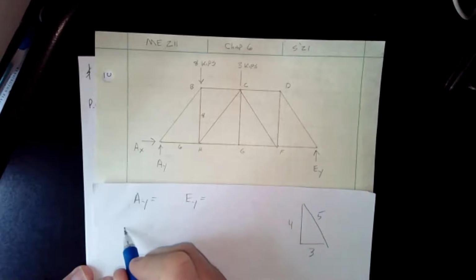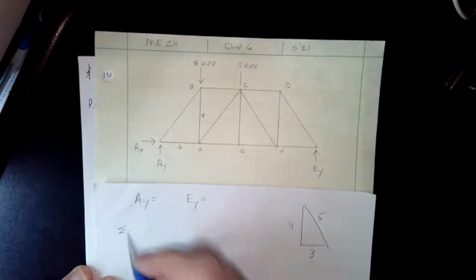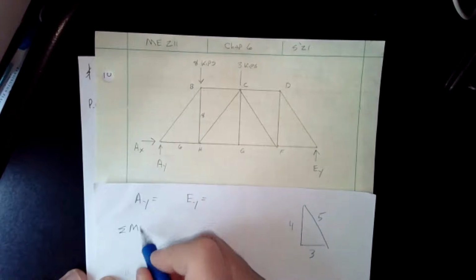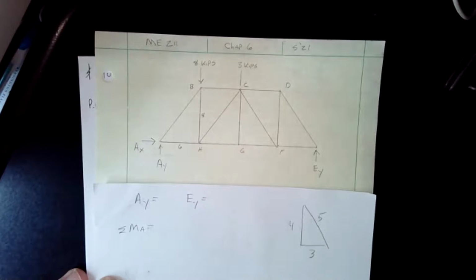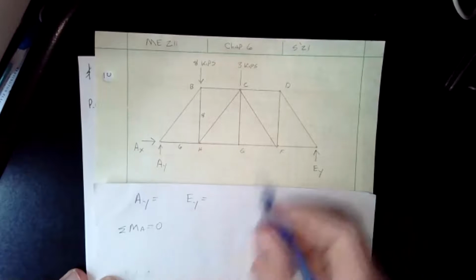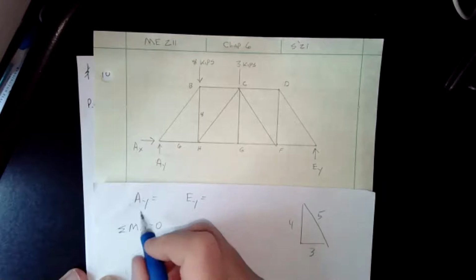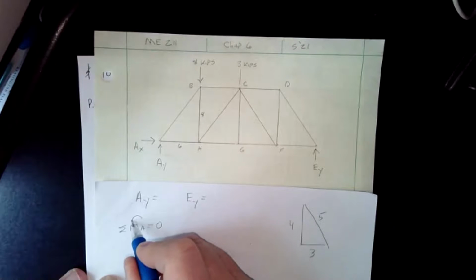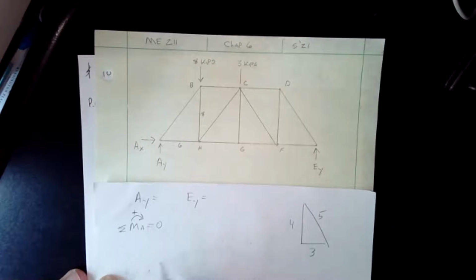Okay, so we start off with summing the moments. The first thing we do is pick a point and sum the moments. If I sum the moments about A to 0, then I have 8,000 times 6. In this case, I'm saying that clockwise is positive, so I'm changing the convention just for this.